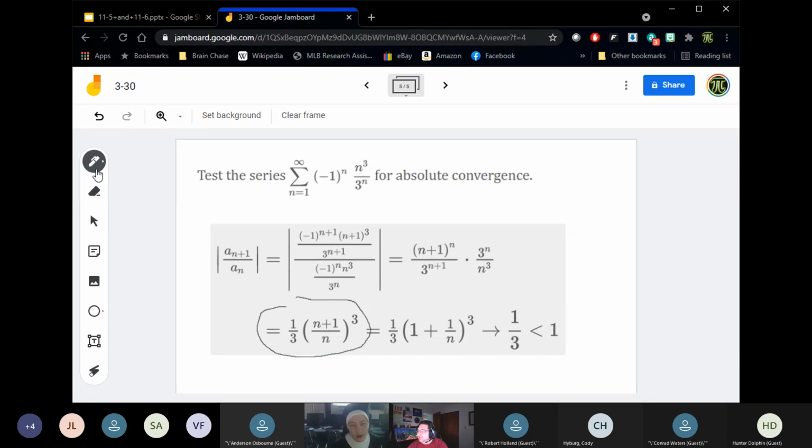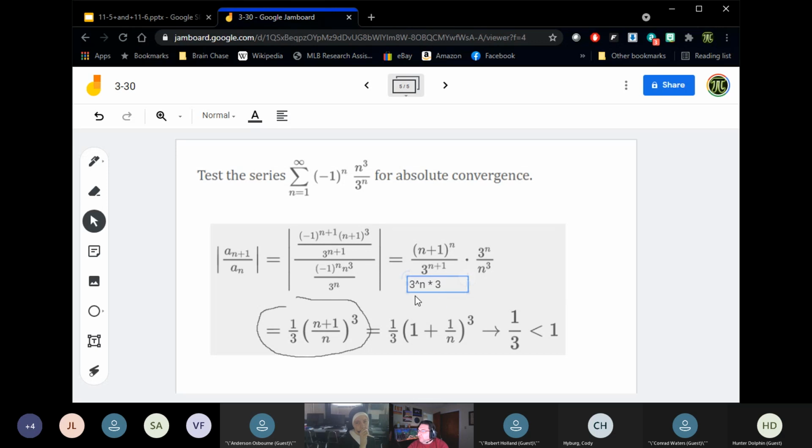In the second one, where it gets kind of crazy after a_(n+1) over a_n, the 3s cancel out, and the n plus 1 cubed and n cubed stay. Basically this part right here, let me type it in. This 3 to the n plus 1 becomes 3 to the n times 3 to the first, or just 3.